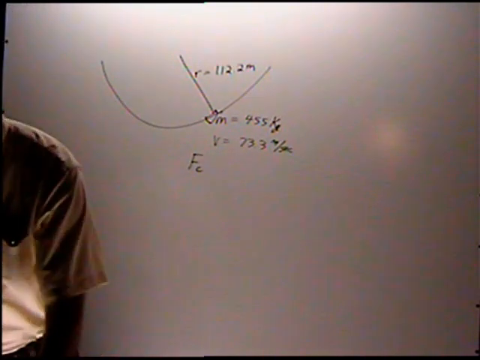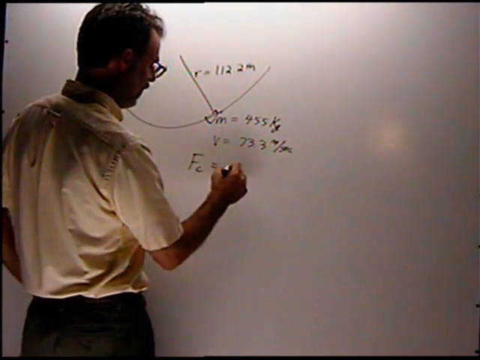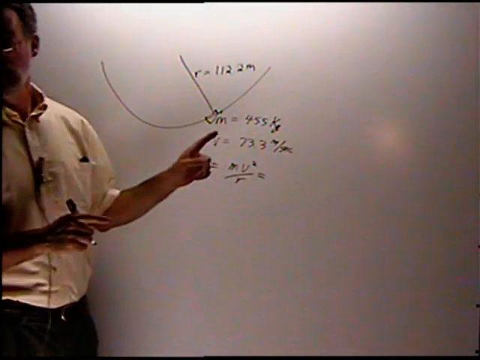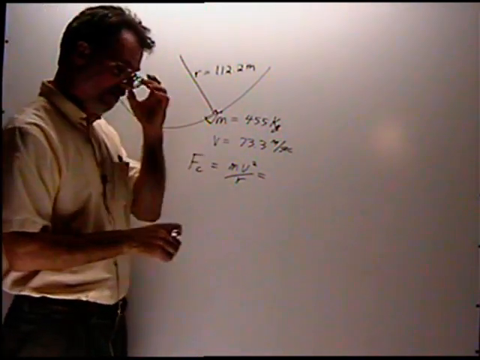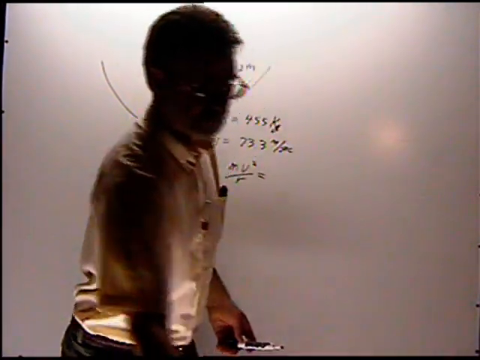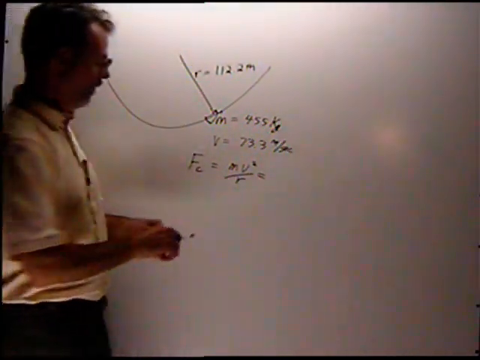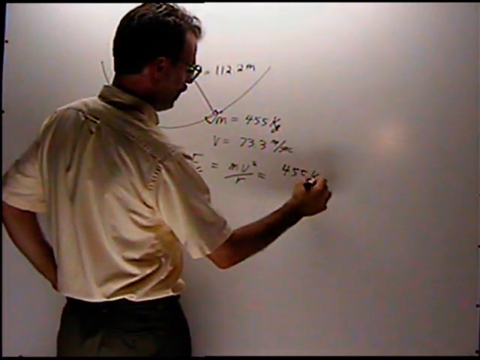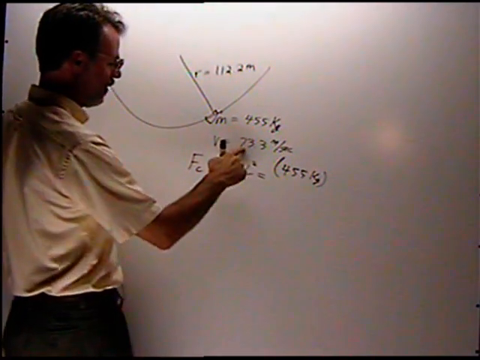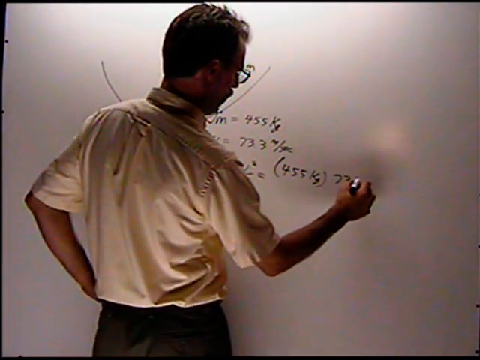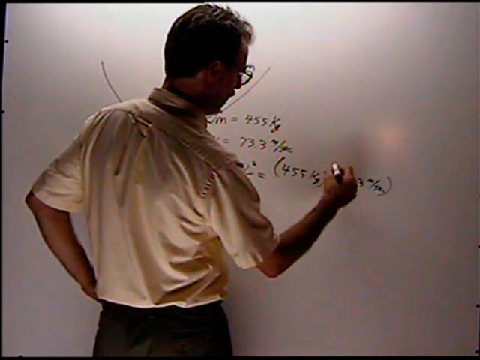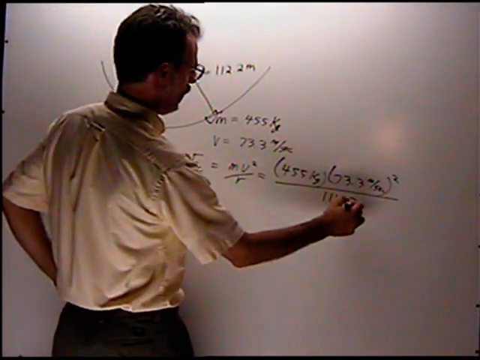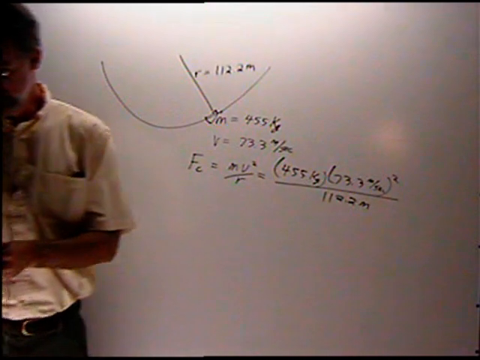Well, the centripetal force is mv squared over r. So this is just a direct substitution into this. So we simply substitute into this, and then we get 455 kilograms. We substitute the velocity, 73.3 meters per second, and we square that, divided by the radius, which is 112.2 meters.